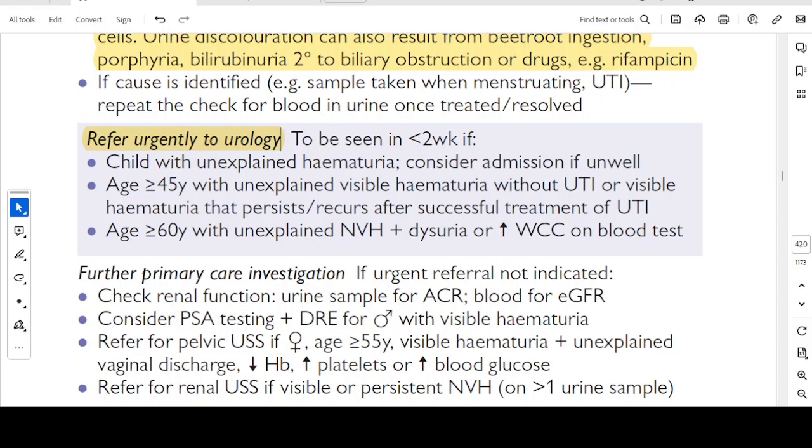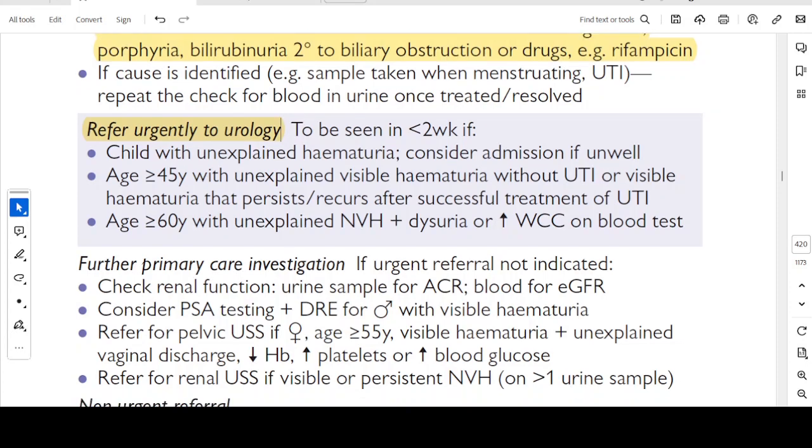Age more than 60 years with unexplained non-visible hematuria plus dysuria or a raised WCC on a blood test. So if there is non-visible or microscopic hematuria plus either dysuria or a raised WCC, and the age is more than 60, you need to refer within 2 weeks.